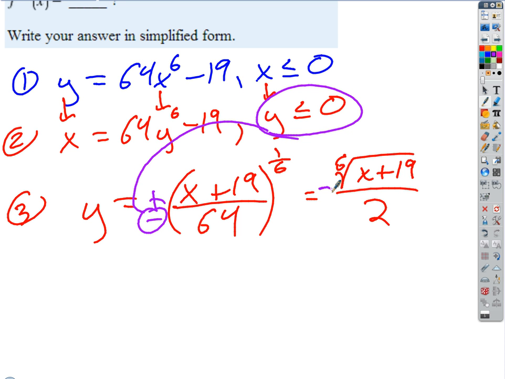Wait, how did you get 1 over 6? Because I have Y to the 6th, so I take a 6th root of both sides. I take both sides to the 1/6 power to undo that. Did everybody see that? Say hypothetically Y to the 6th equals 64. If I want to solve for Y, by taking a 6th root, I'm really just raising to the 1/6 power, and then those cancel, with our properties of exponents.